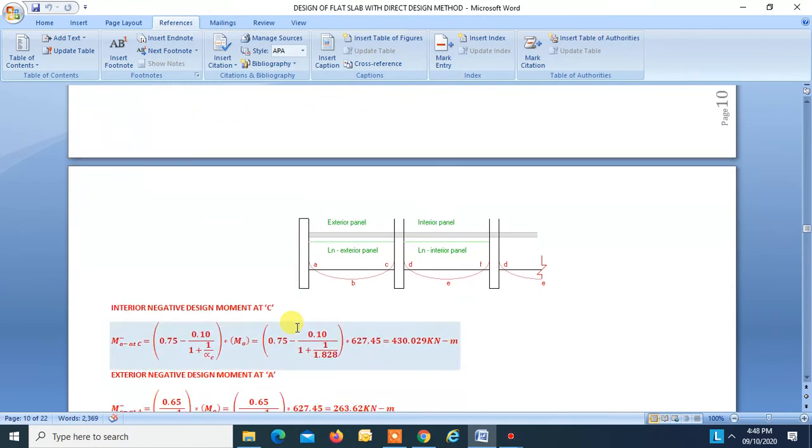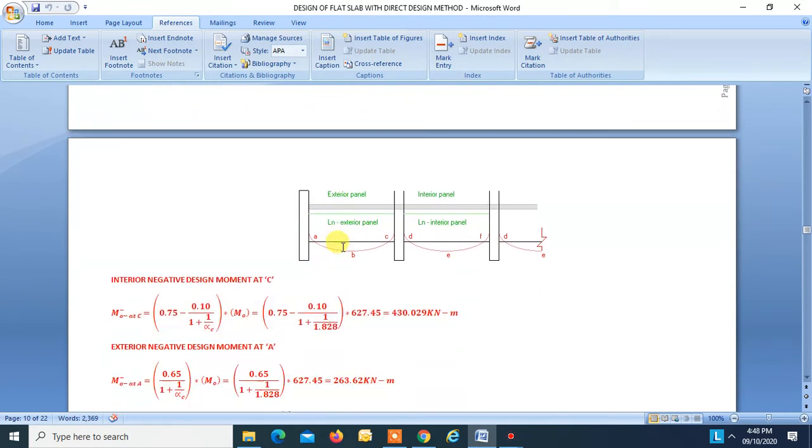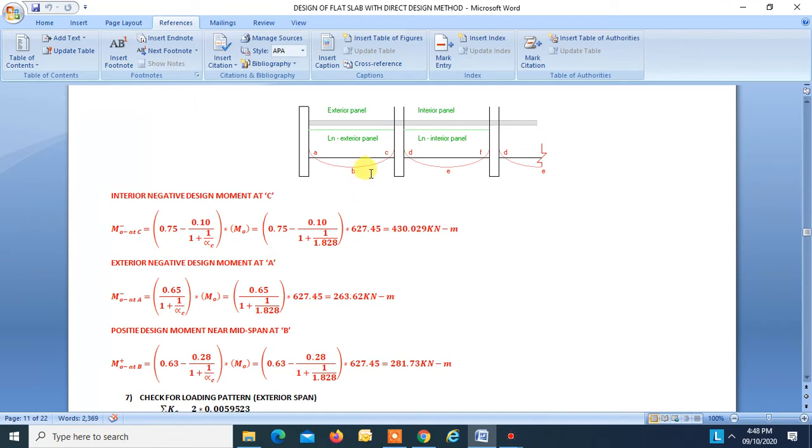So for the exterior panel, the total design moment when distributed longitudinally, the moment coming at the support C will be 430.029. The exterior negative design moment at A is found to be 263.62, and the positive design moment near the midspan B is found to be 281.73.